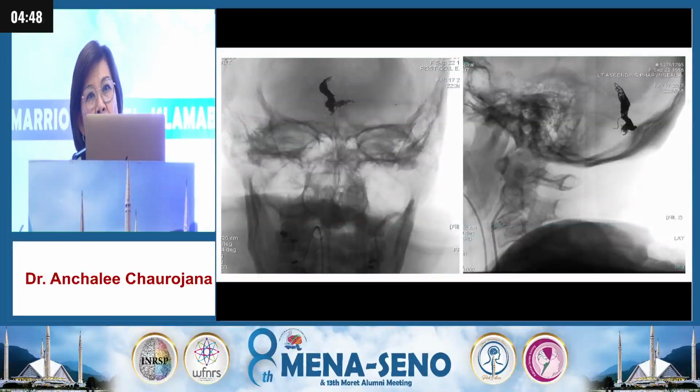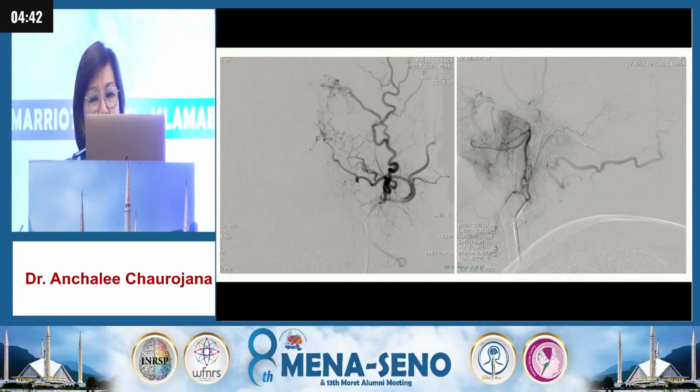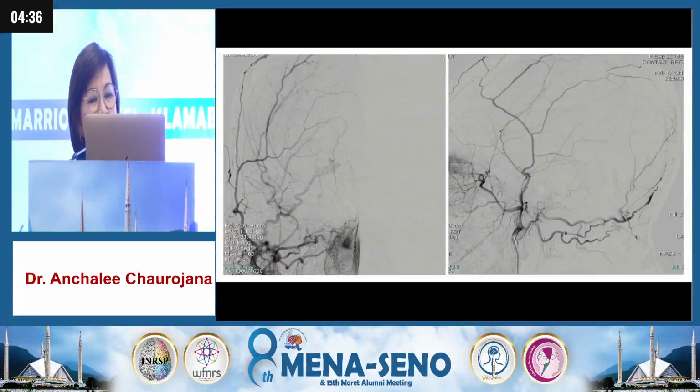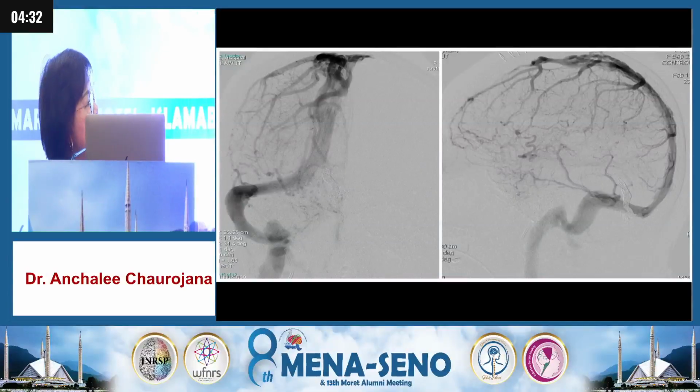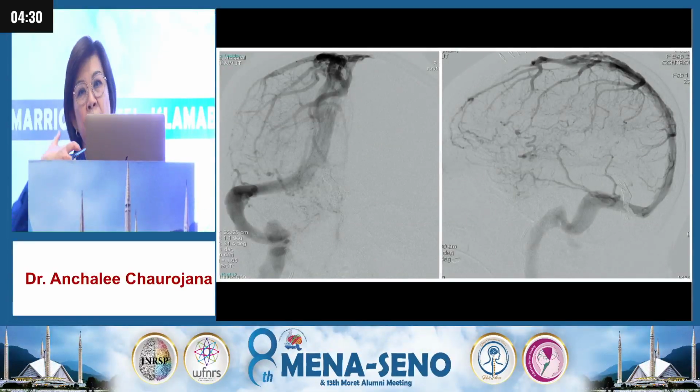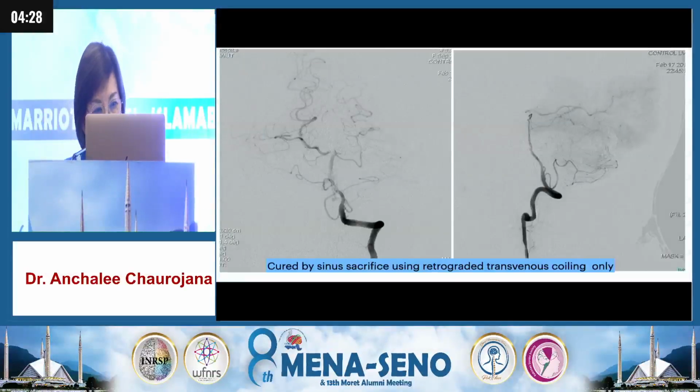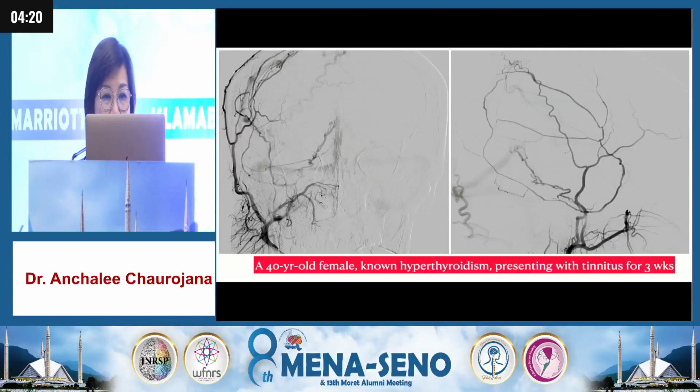We used fibered coils at that time because they're cheaper. Just simply pushing the coils inside, and it's all gone. There is clinical improvement, and you can see the vein go back, with relief of the venous reflux. So this case was healed the first time by only retrograde transvenous coiling.